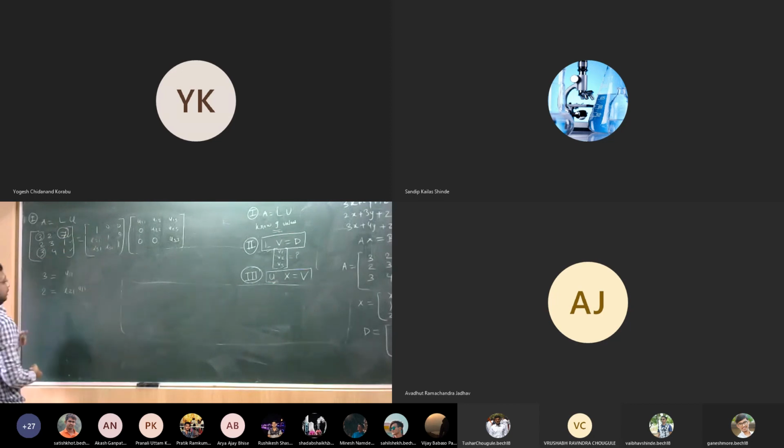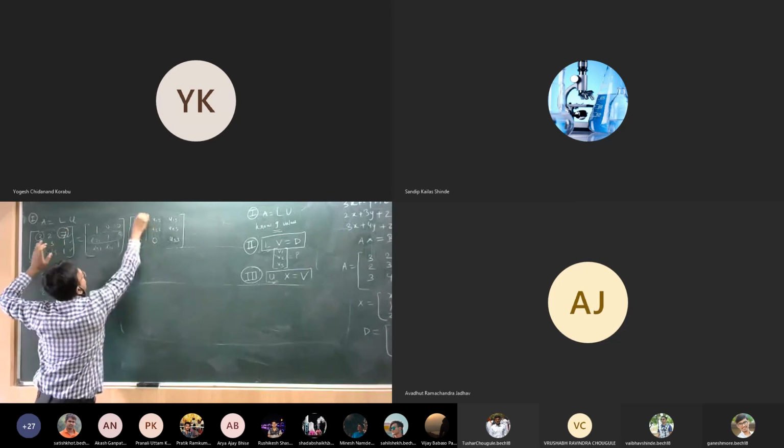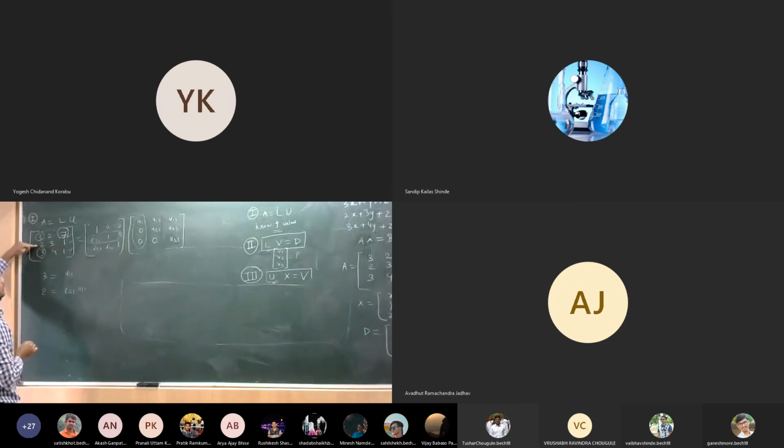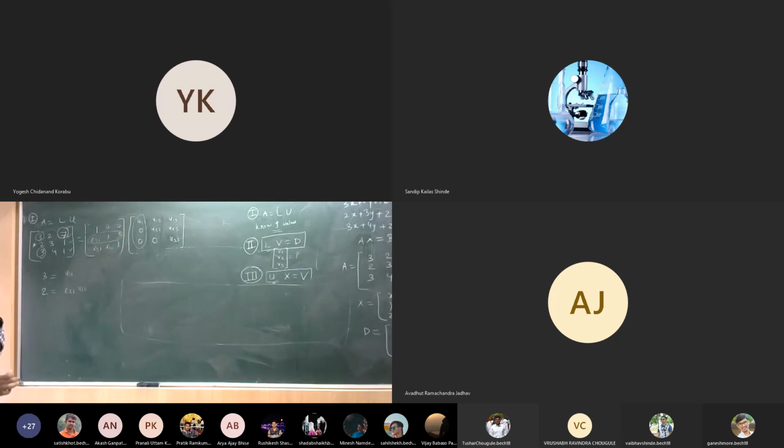That means this row with this column gives the second element, 2. Ultimately U11 is known, so 2 is equal to L21 into U11, that is 3. So L21 is equal to 2 by 3. So the second element is known to us.